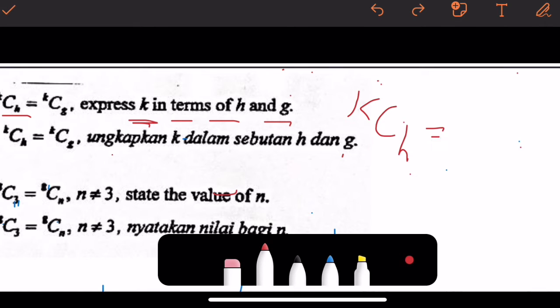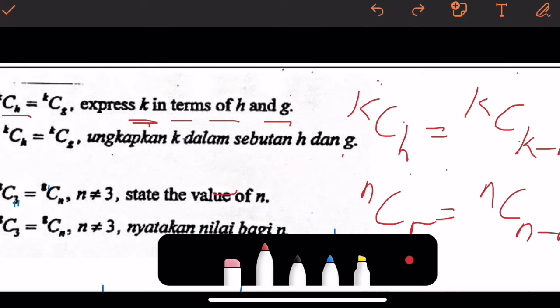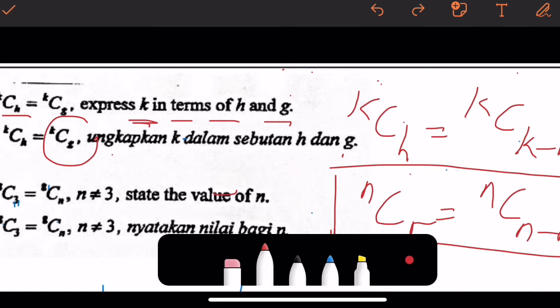KCH equals KC(K minus H). Why? Because of our formula nCr equals nC(n minus r). Based on the formula, we also do it for KCG.